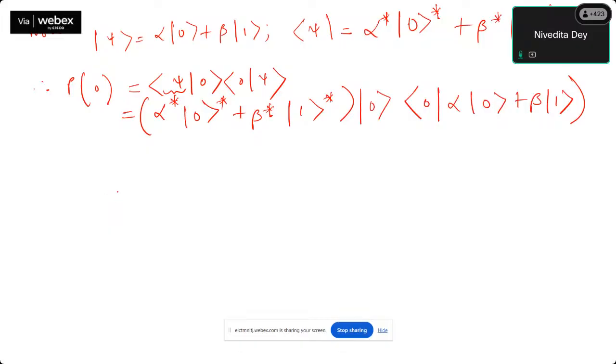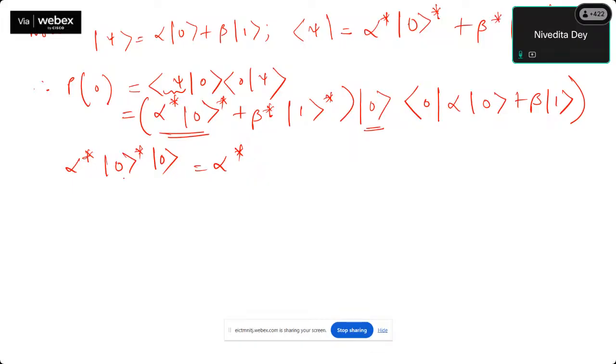So which is nothing but, if you look, what is this one? Say alpha star bra 0 ket 0 is nothing but alpha star. What I am doing is I'm just taking this one as well as this one, right? So this will be alpha star.